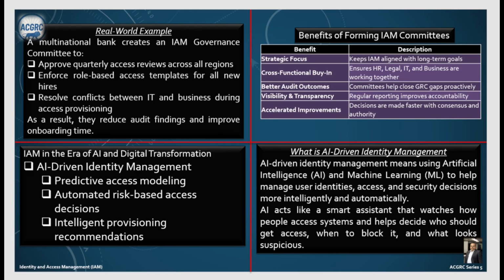It means using AI and ML to help manage user identities, access, and security decisions more intelligently and automatically. AI acts like a smart assistant that watches how people access systems and helps decide who should get access, when to block it, and what looks suspicious. Do note we have covered this earlier. We're just getting it in a summary perspective so we can close off this topic.